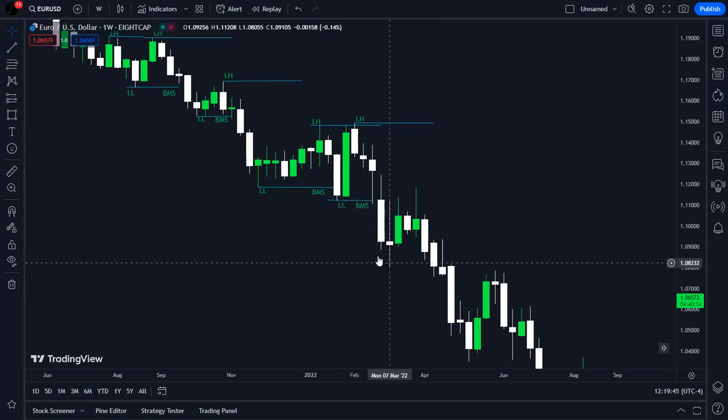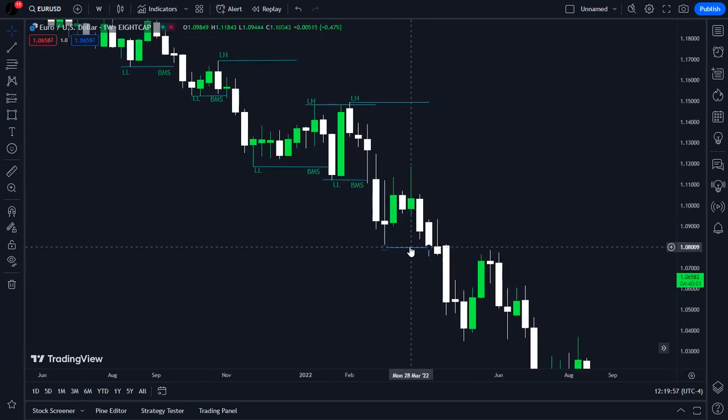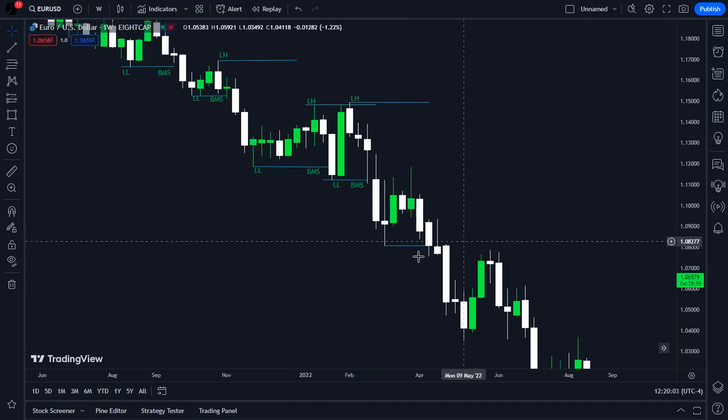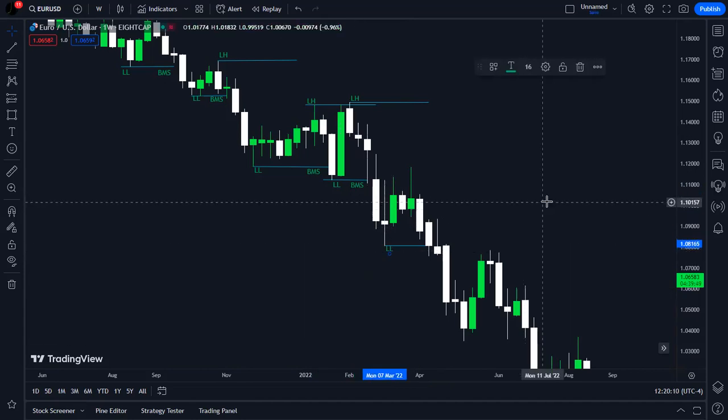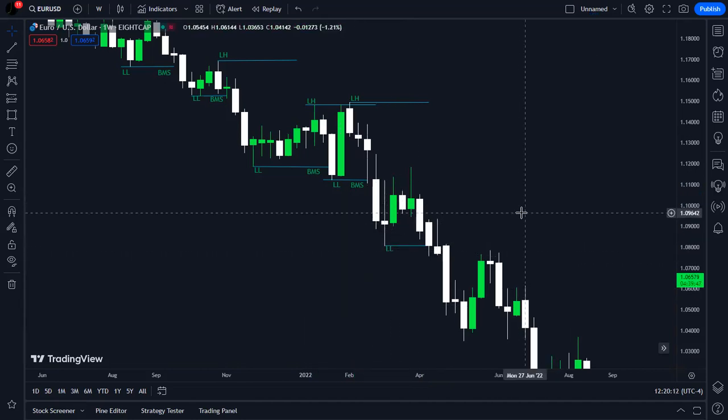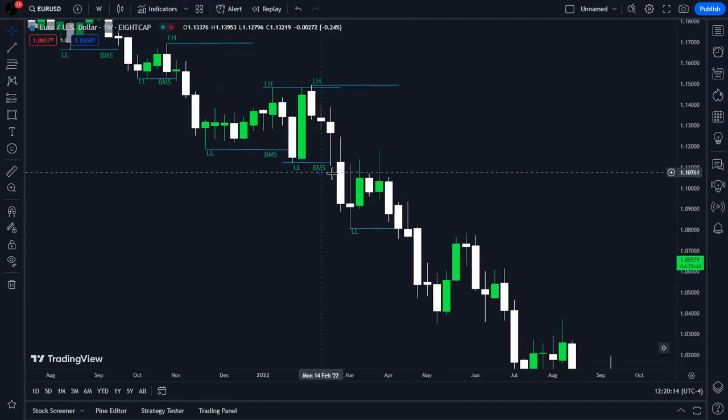So this is a new lower low. We mark it out. A new lower low right there, for the BMS right here.